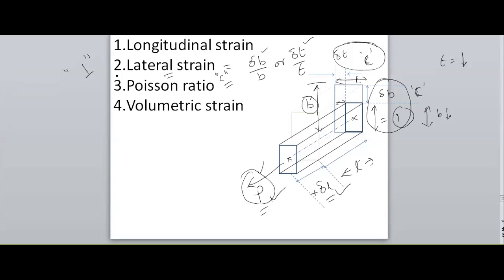That is the second definition, that is nothing but lateral strain. And the third definition is Poisson ratio.